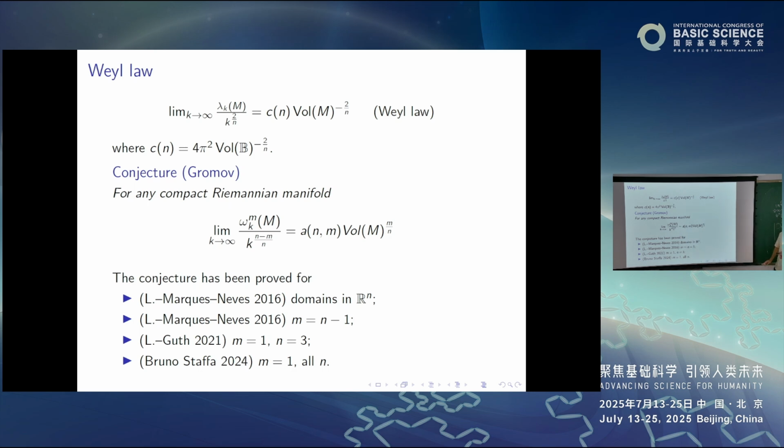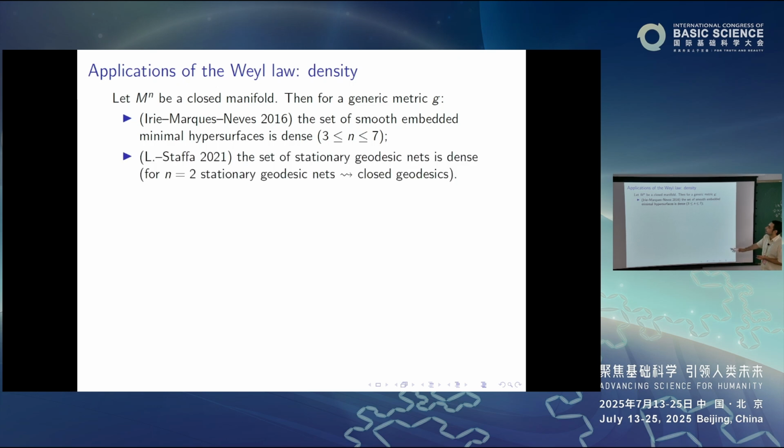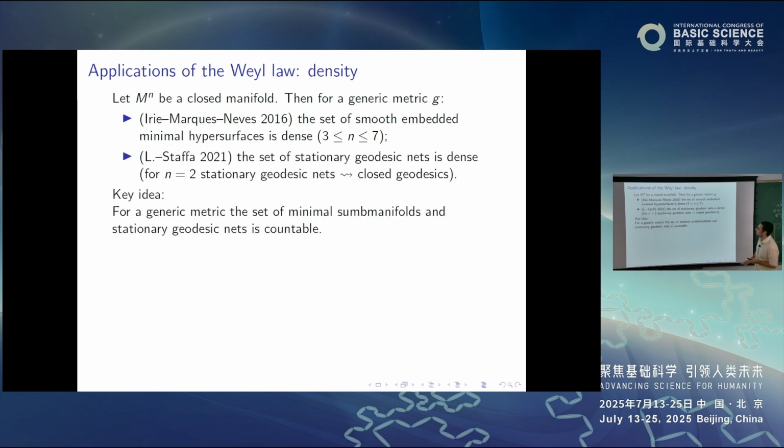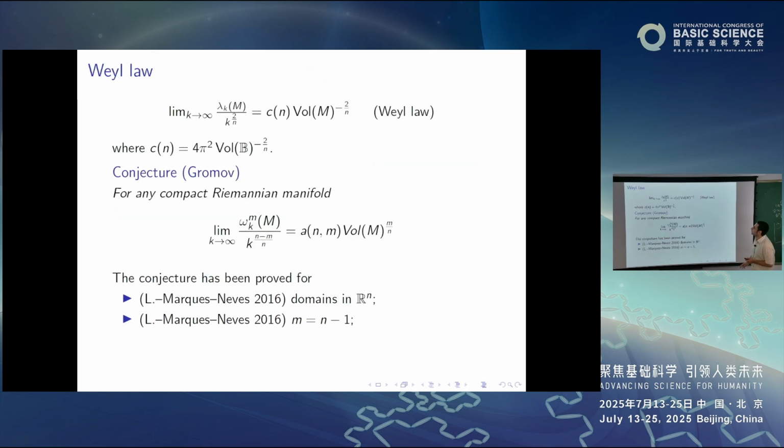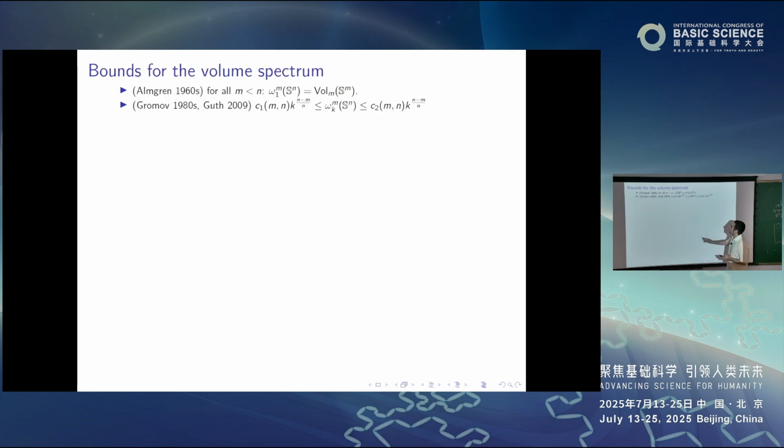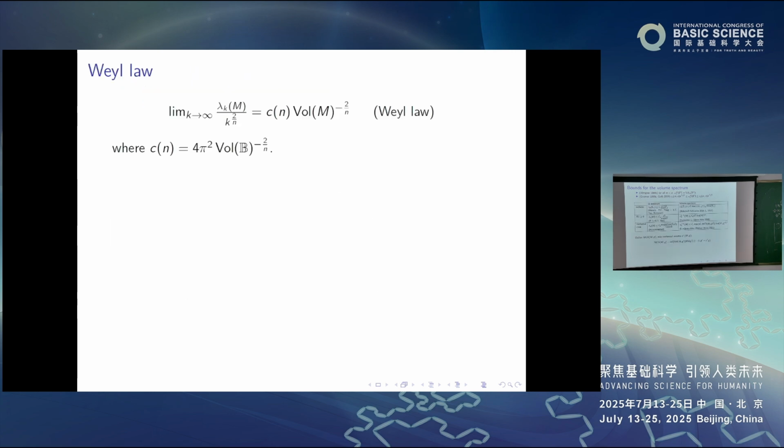So his motivation was, using this trick, he computed the lower and the upper bounds, and then hoped that maybe they meet, in the same way as they meet for eigenvalues of the Laplacian.